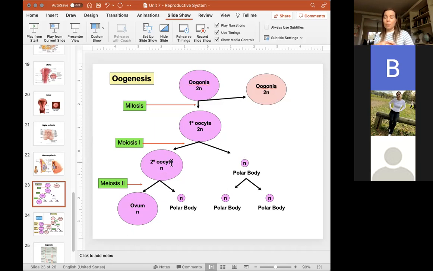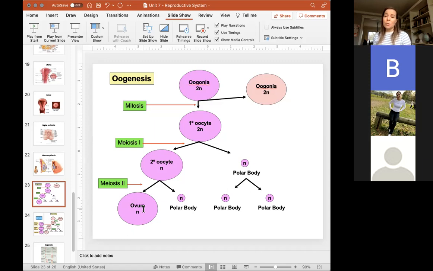This is what's going to end up forming the mature ovum, the egg, the purpose of which is to have fertilization. So this uneven cell division, giving most of the cytoplasm to the secondary oocyte, is important because it ensures that if the ovum ultimately ends up getting fertilized, it has plenty of nutrients to last it for the time that it takes to travel into the uterus.